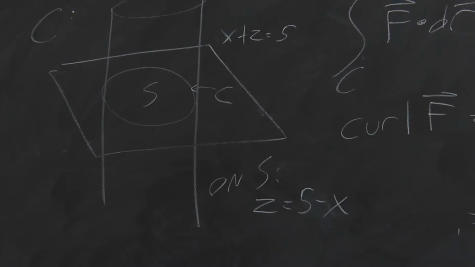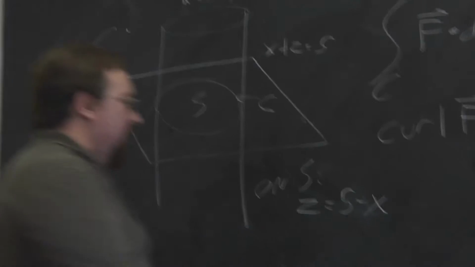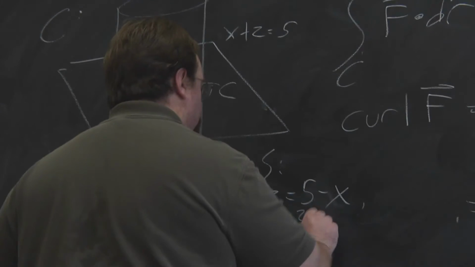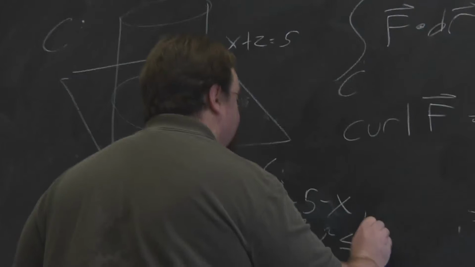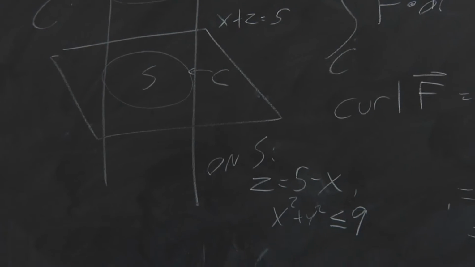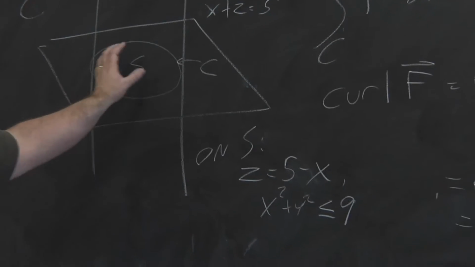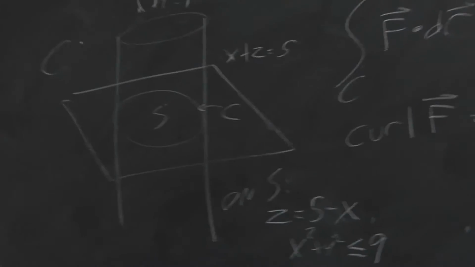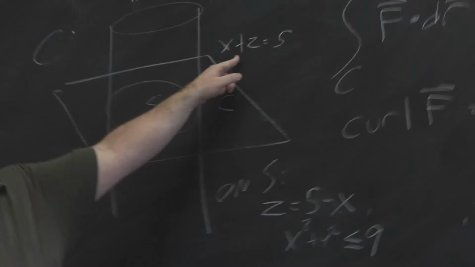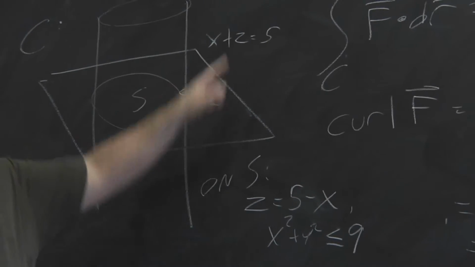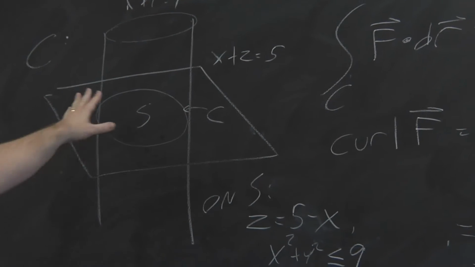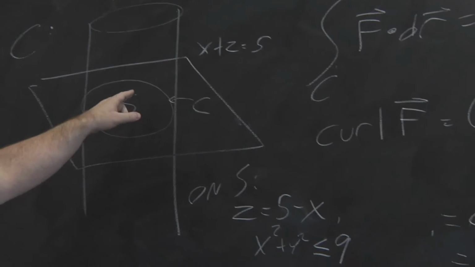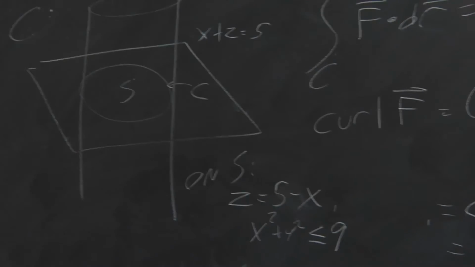The second thing is, we're within the cylinder, so x squared plus y squared is less than or equal to 9. It's equal to 9 on the curve, but we want the surface. So that's why we have less than or equal to here. Every point on this has to satisfy this equation, because we're taking a portion of a plane.